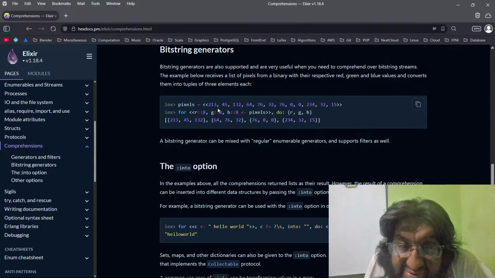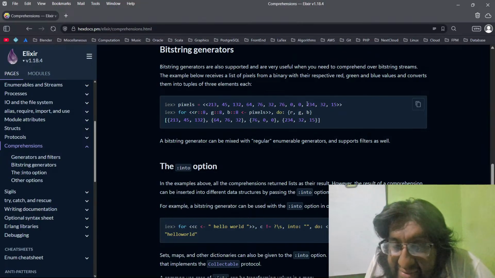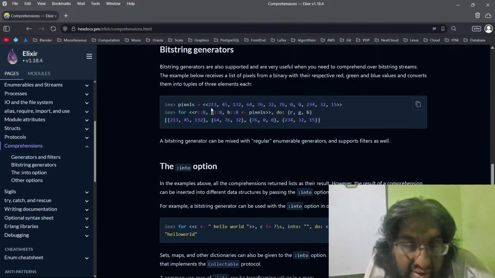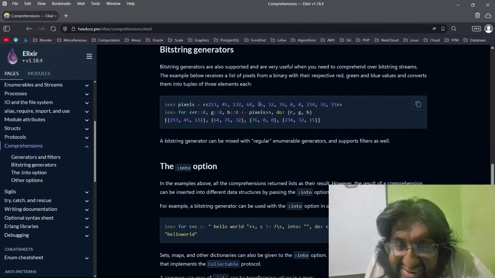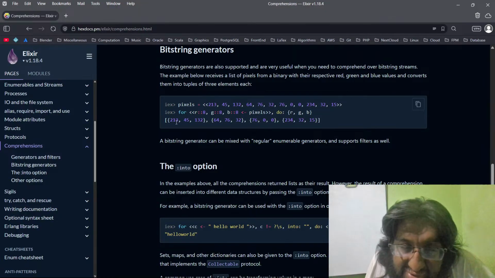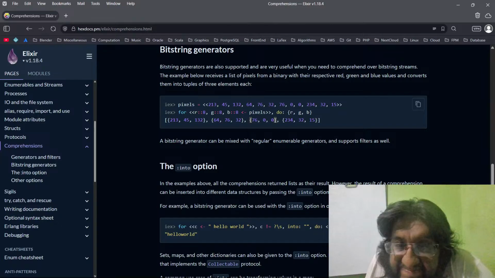Let us count this. 1, 2, 3, 4, 5, 6, 7, 8, 9, 10. Again, 1, 2, 3, 4, 5, 6, 7, 8, 9, 10, 11, 12. So we will have 4 triplets, which are here. Great.